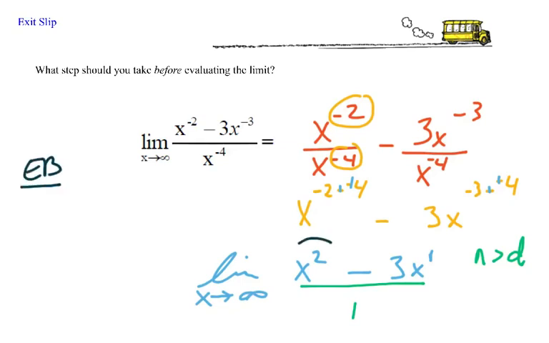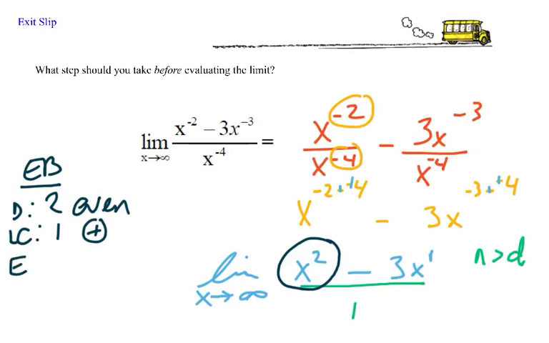So the term with the highest exponent is x squared. That has a degree of 2, which is even. My leading coefficient of that term is just a +1. So that means that my end behavior is up and up. So automatically I know my answer is going to be positive infinity since both arrows are going up.